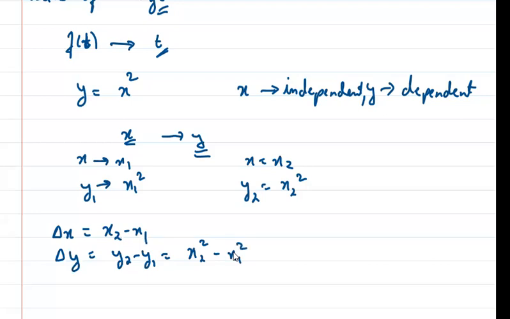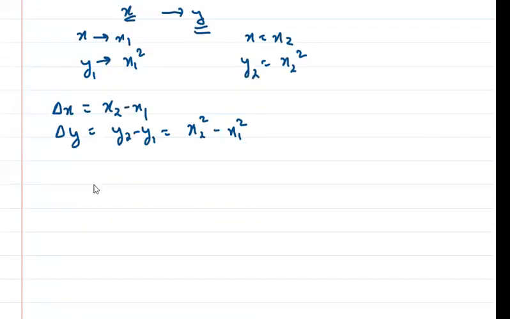Yes, correct. है ना? Now, if I want to find the rate of change of y with respect to x, this is what I want to find, right? The change of y with respect to change of x. ठीक है? So it can be written as y2 minus y1 by x2 minus x1. हाँ या ना?